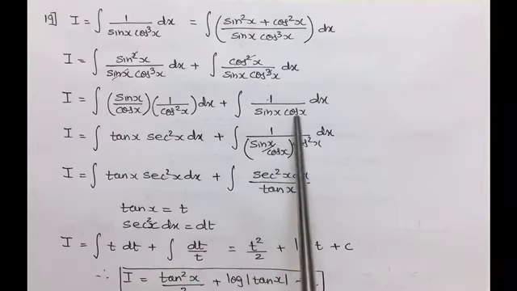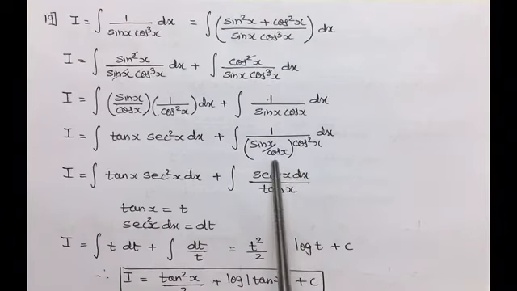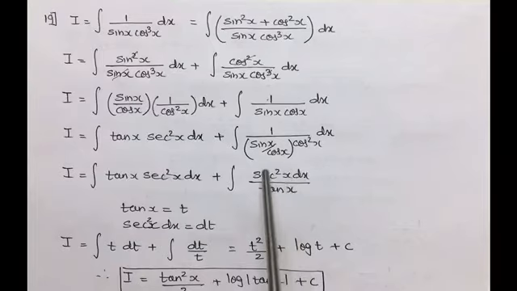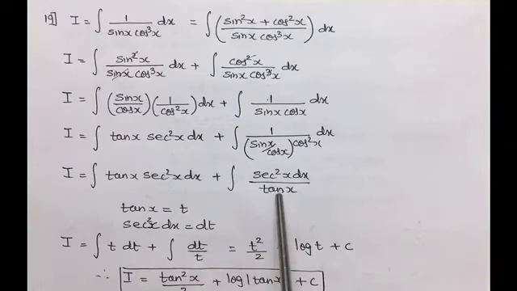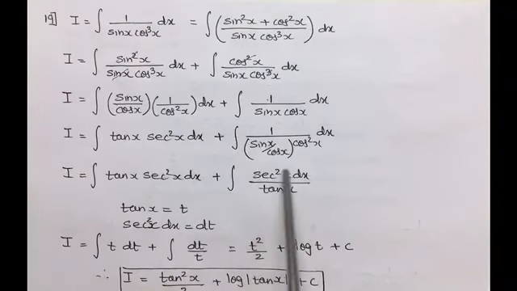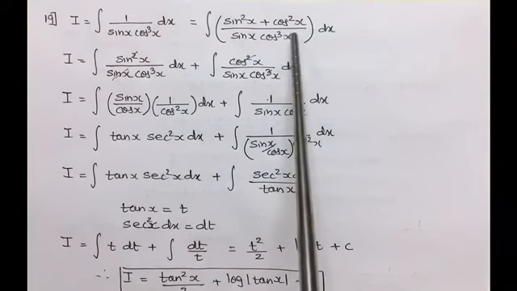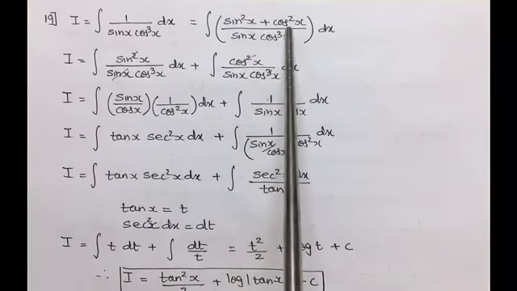Now here the arrangement is being done, multiplying and dividing by cos x in the denominator. So sin x upon cos x becomes tan x and 1 upon cos square x becomes sec square x dx. This step is very important, and the first step, taking up 1 as sin square x plus cos square x.